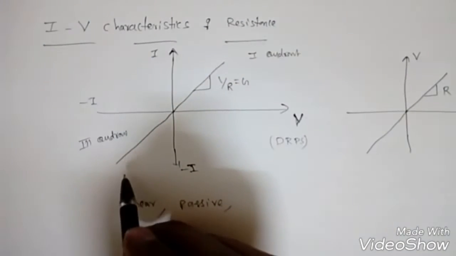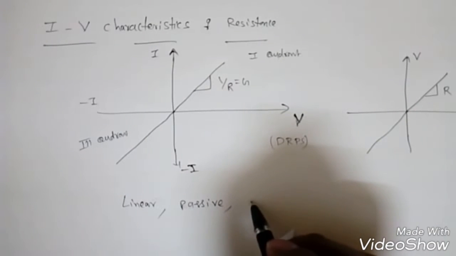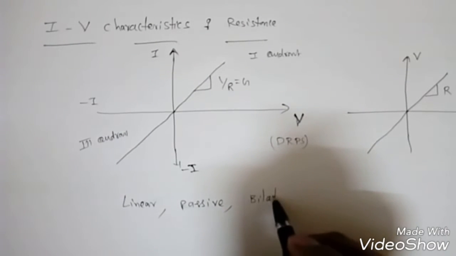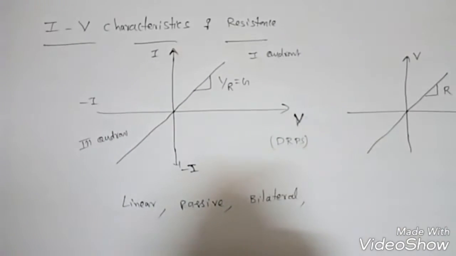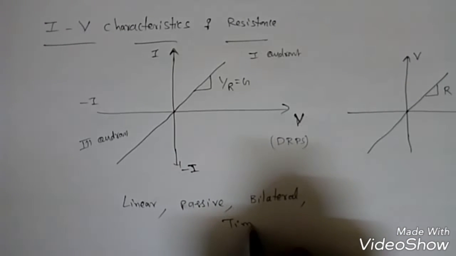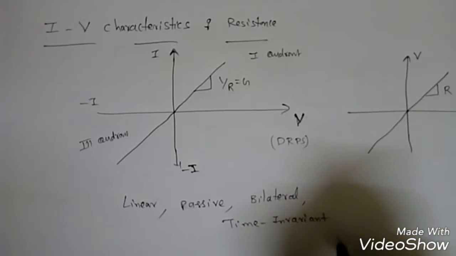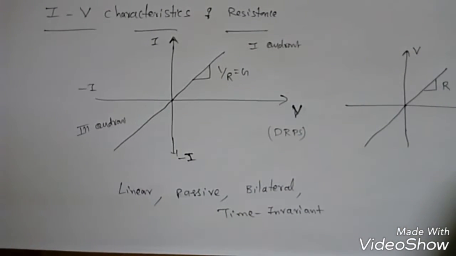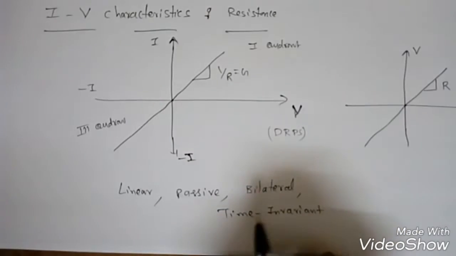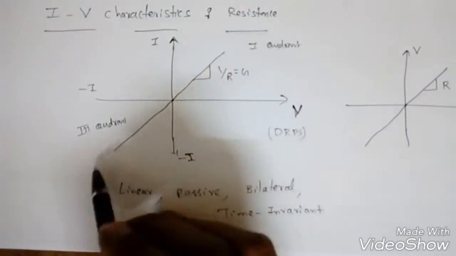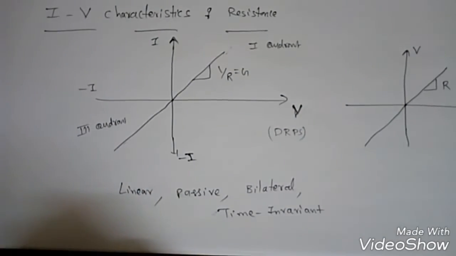So in the first quadrant and third quadrant the slopes are the same, then we can say it is bilateral, and it should be time invariant, right? With respect to time, if the resistance is varying, we can say it is generally useless, right? So it should not vary with time, it should always be constant with time, right?